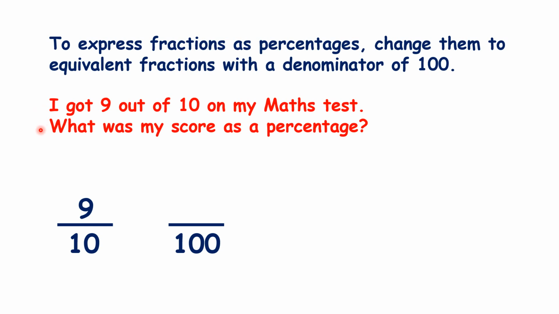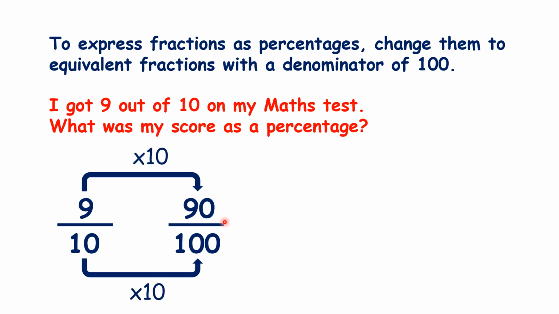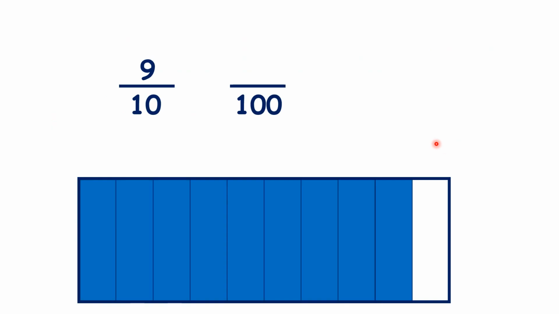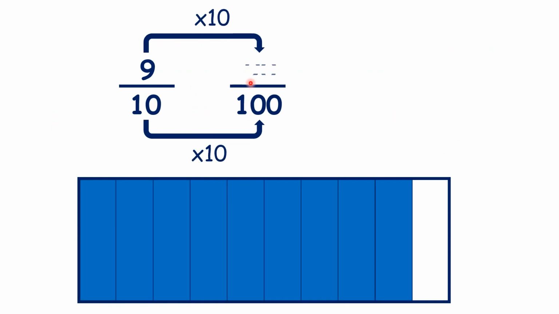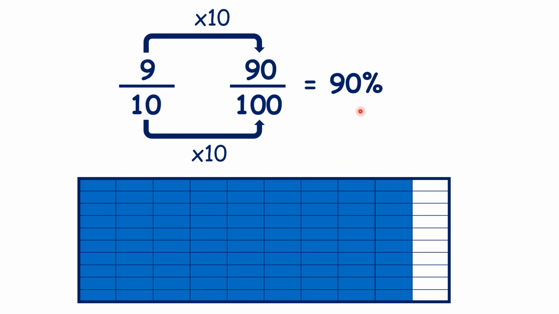What was my score as a percentage? Well, we can find our equivalent fraction with a denominator of 100, and that's our percentage. So again, we found our equivalent fraction to get our percentage.